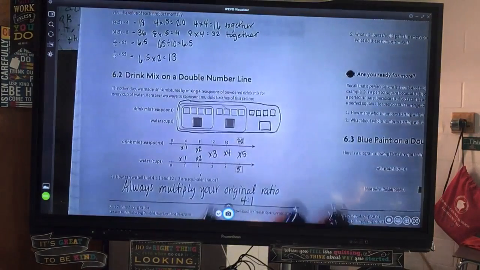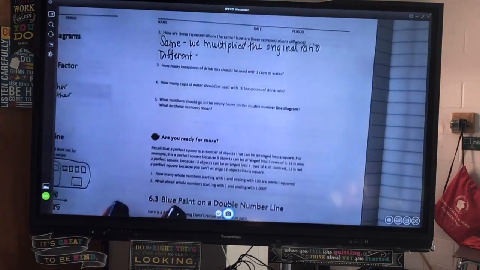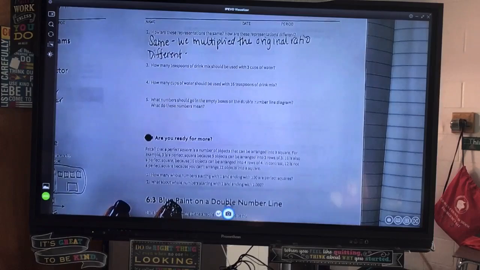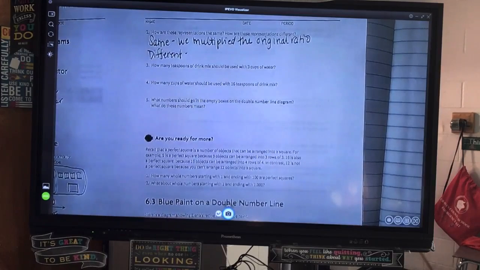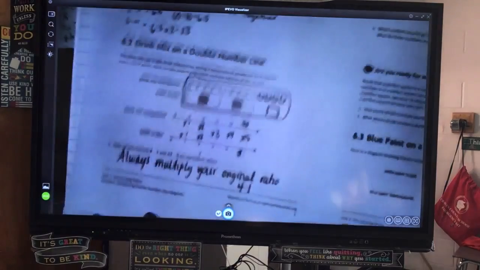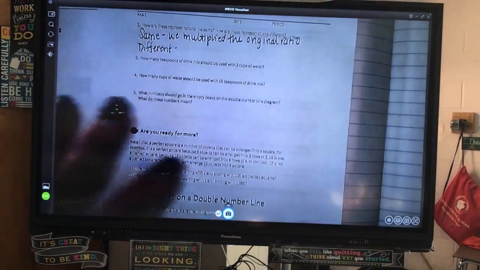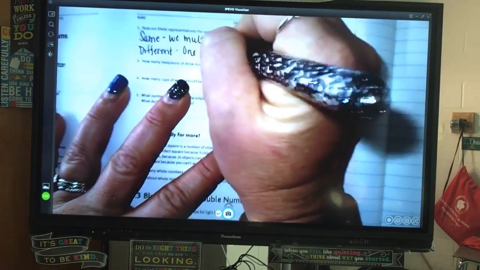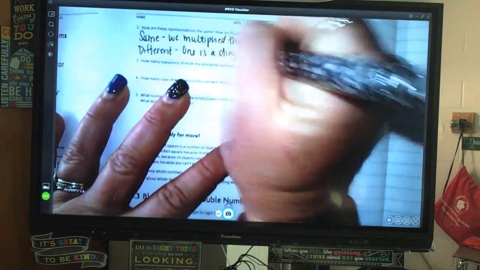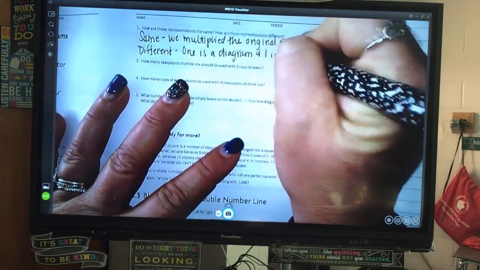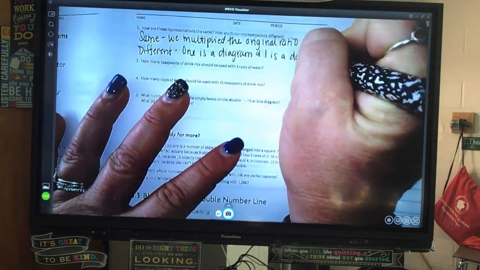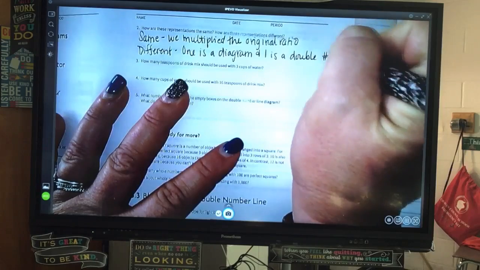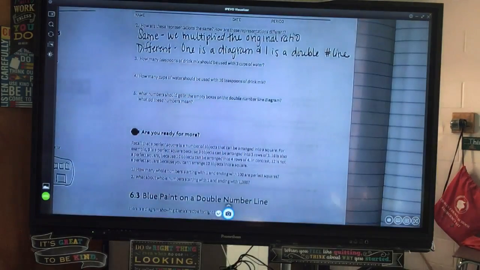So how are they different? One diagram, one number. Right. One is a diagram. And one is a double number line. All right, let's go ahead and move on.